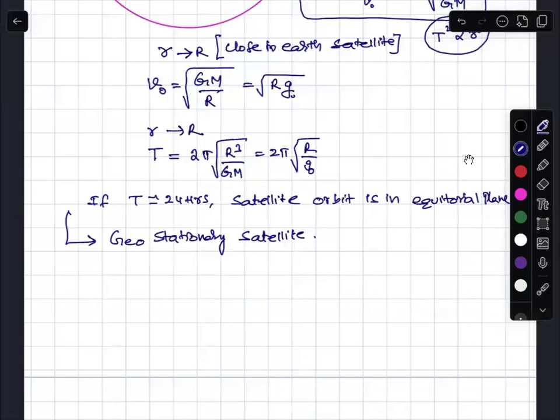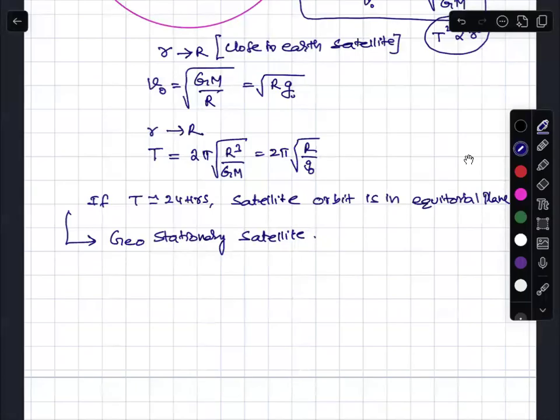What is the value of the radius of a close to Earth satellite? 6,400 kilometers.